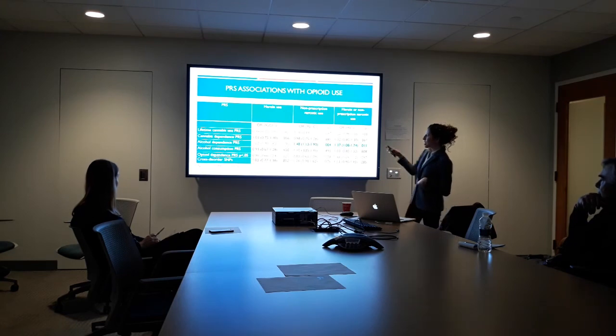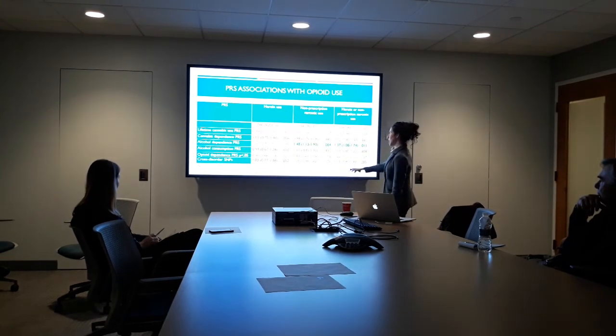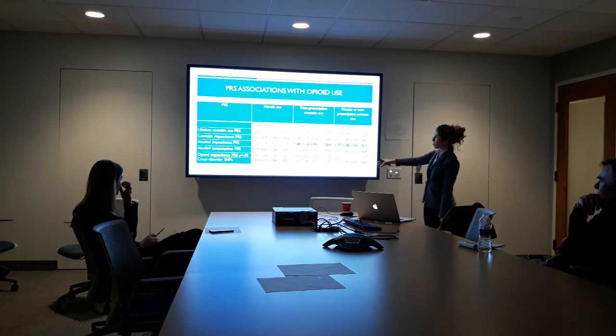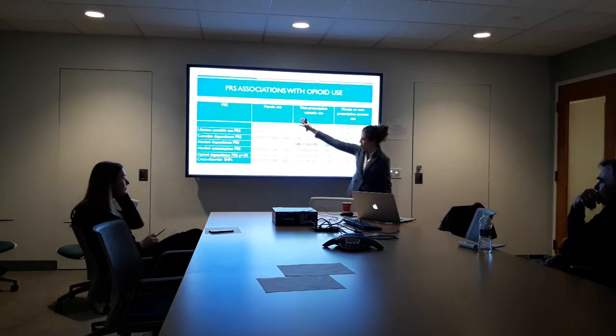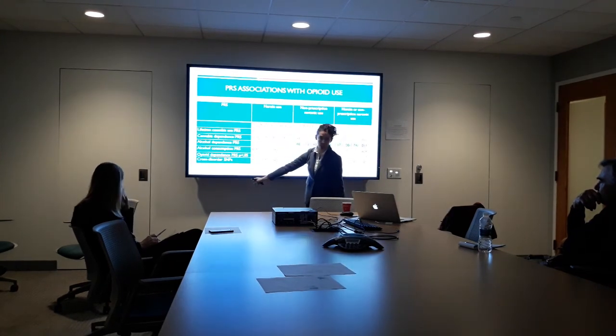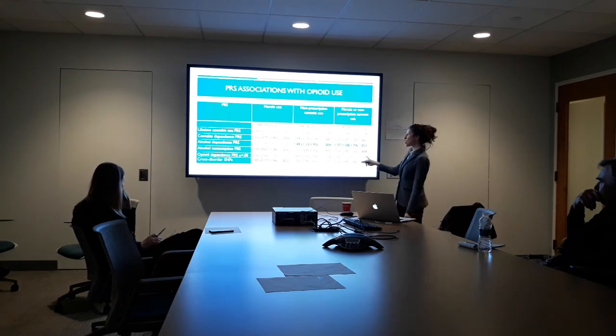Okay, so just to go through this table, we have heroin use here, non-prescription narcotics, and whether or not someone had reported heroin or non-prescription narcotics. To the very left are the polygenic risk scores. The yellow represents trend level significant associations, and the green represents significant associations, p less than 0.05.